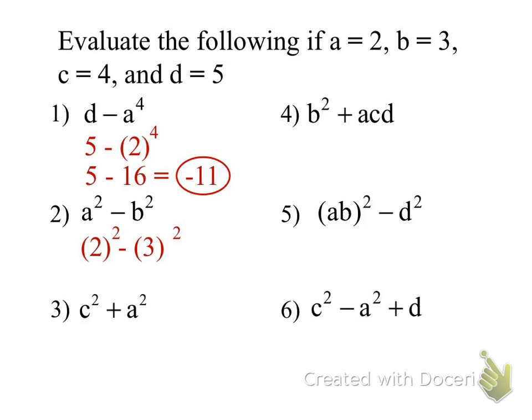Now we use our order of operations. So you do exponents. So 2 times 2 is 4, and 3 squared is 9. So 4 minus 9 is negative 5. There we go.